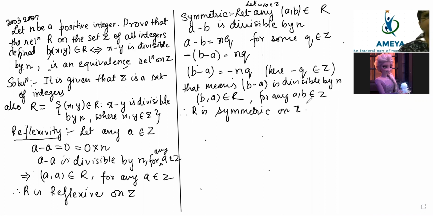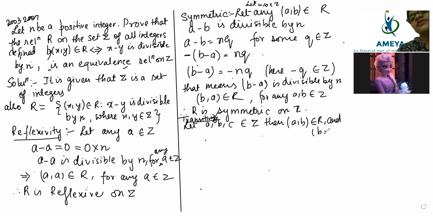Okay, so for symmetric on Z is there. Now we will say that let A, B, C for transitivity. Let A, B, C belongs to set of integer. Then AB will be belonging to R and BC will be belonging to R. So how you are going to represent it, beta?